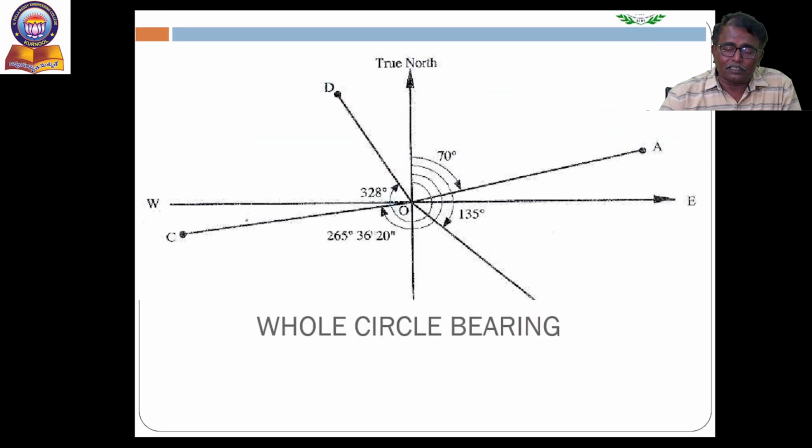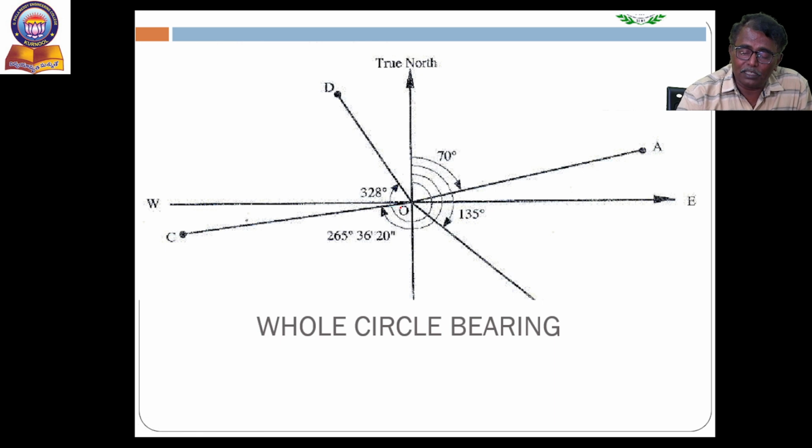Now here I have given an example. With reference to true north, we measured the bearing of OA, which is lying in the first quadrant, having a bearing of 70 degrees. Coming to the second point, lying in the southeast quadrant, that is OB, having a bearing of 135 degrees, lying in the second quadrant.